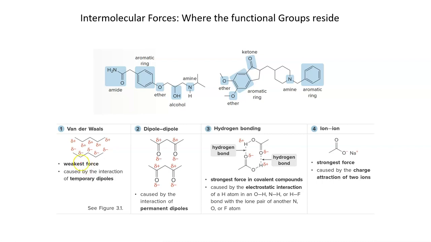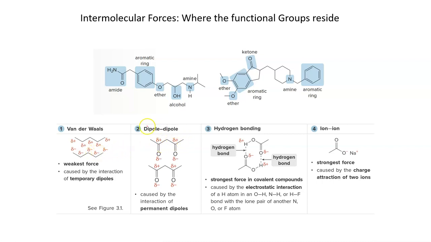So these temporary dipoles create small changes in partial positive and negative charge between the different types of hydrocarbons typically. So we're looking at carbon and hydrogen and those temporary induction of changes here. Those are the weakest forces, but they can add up when you get a lot of them lined up the right way.